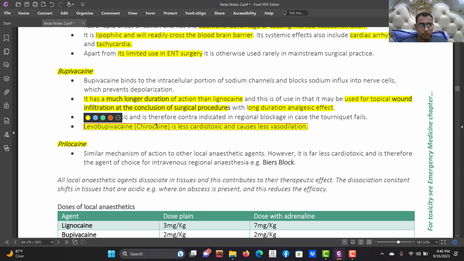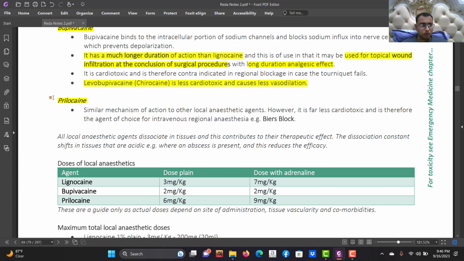Prilocaine has similar action to other local anesthetics, and Bier block is very important. In caudal block, peripheral finger block or Bier block, prilocaine is very much used because it is less cardiotoxic, and also for local infiltrations.